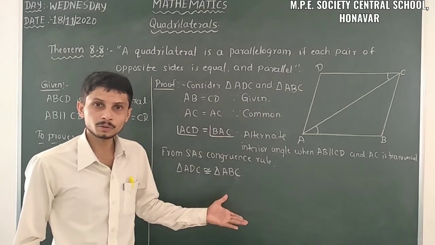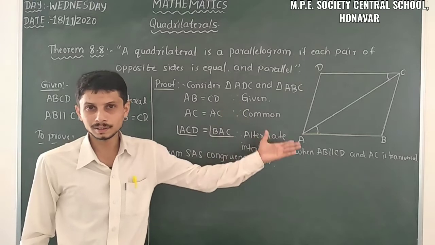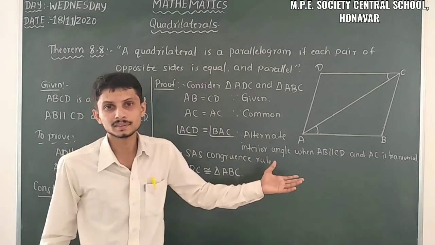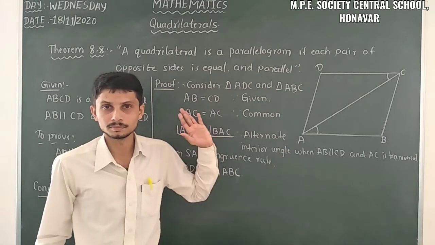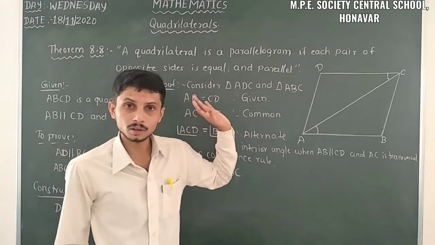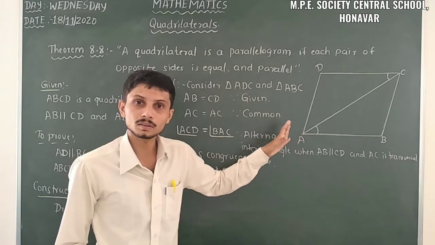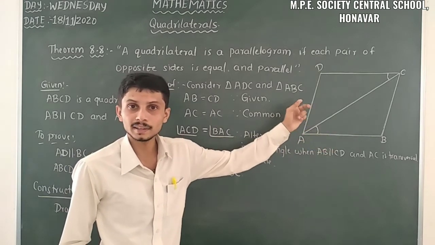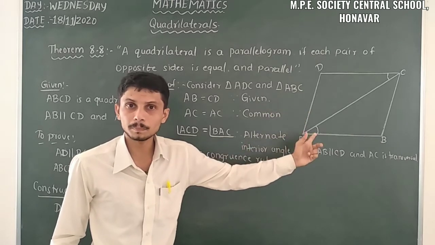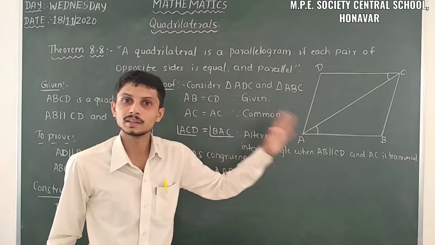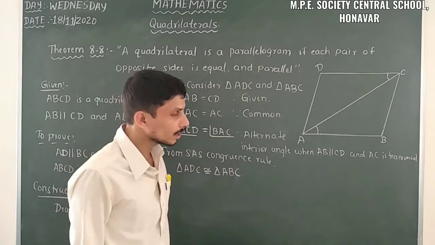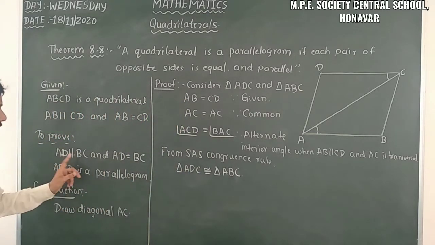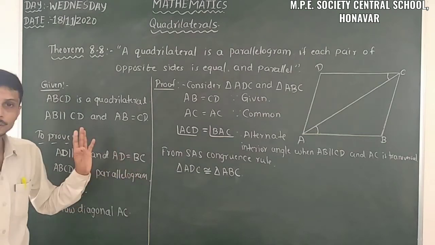After that, what do we have to do? We can take all the corresponding parts of congruent triangles as equal. The congruent triangles are ADC and ABC, and their corresponding parts are equal. Here we want two things: AD is parallel to BC and AD is equal to BC.